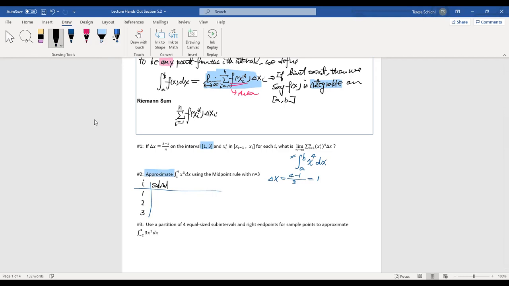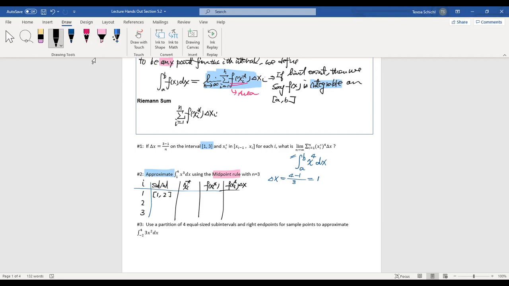Let's see. The first one, you vary from 1 to 4, so it's 1 to 2, correct? And it says I'm using the midpoints, so now I need to find xi star, and then f of xi star. Just like we did in the first video, this is f of xi star times delta x.